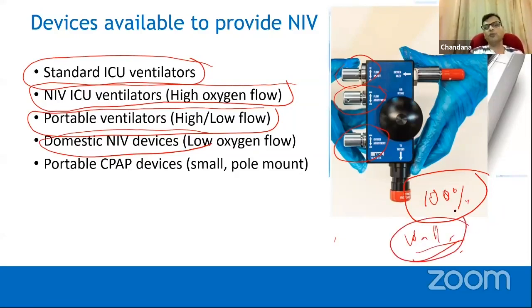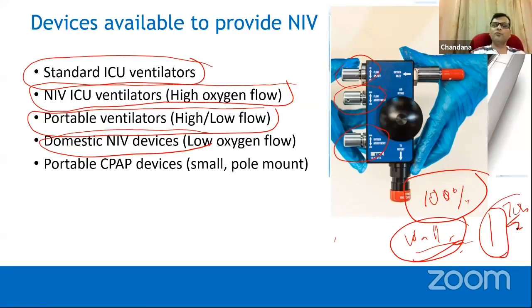You can attach them to a cylinder, and they have connections to get as much oxygen as possible, so you can attach a higher oxygen flow meter, which can handle a higher flow rate, even 100 liters if the flow meter can handle it. Generally about 70 liters maximum. So it can handle that flow and deliver higher oxygen to the patient.